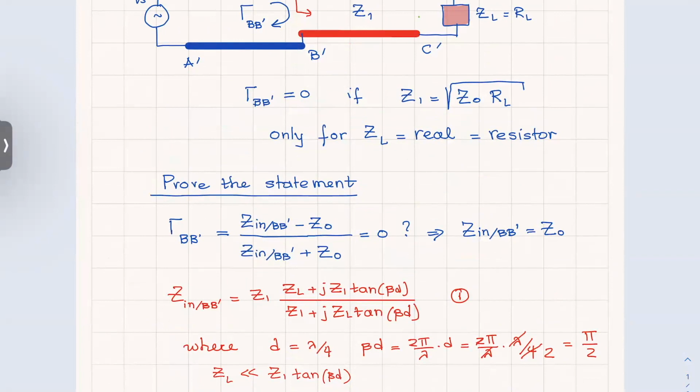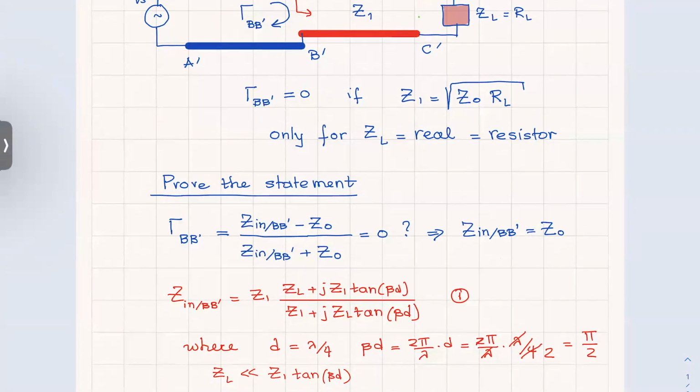So if I ask in the final, if I give you a line and I give you a real load and I ask you to match the load to the line, the best way to do it is to use a quarter wavelength transmission line, if you have the space. Wouldn't the line have a quarter of the wavelength?